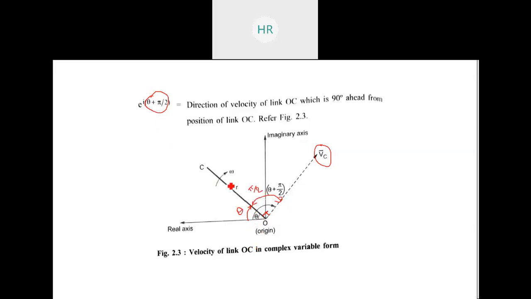Okay, so if you look at the angle between position vector and velocity, you will find that it is at 90 degree. So that is why in graphical method also we have drawn velocity of any linkage is perpendicular to that link. Okay, so this is how you are required to proceed to find velocity.